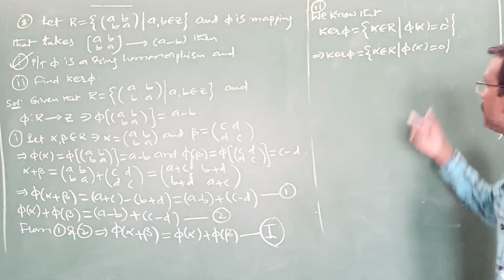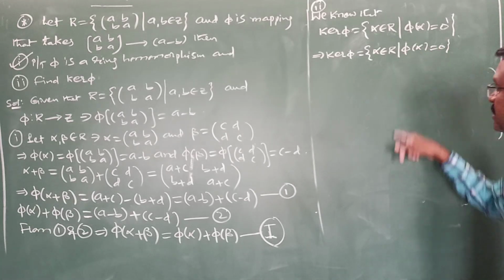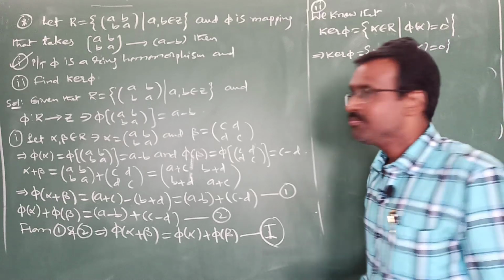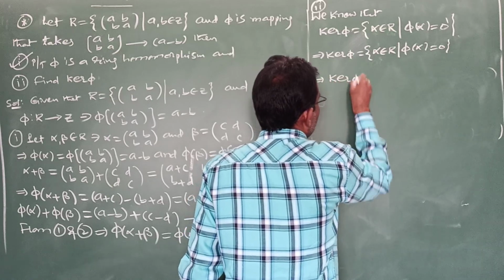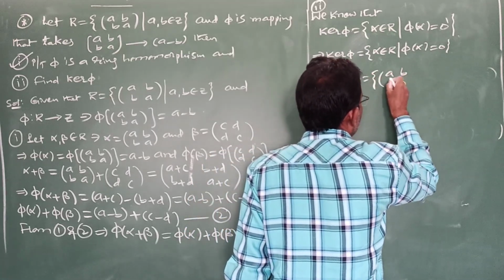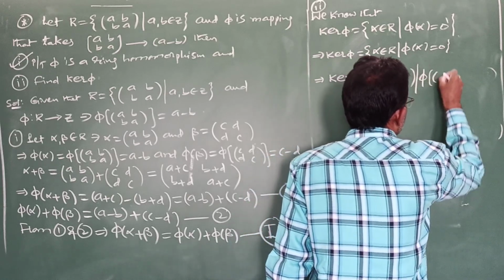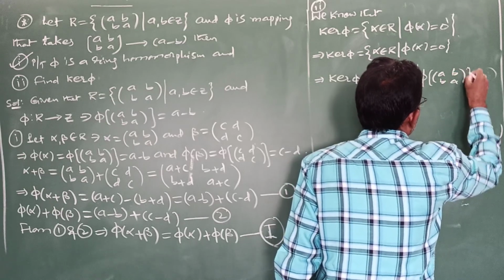Now in the next step, take this phi of alpha equal to 0 separately, define all alpha values, and then substituting here you get your required result. But what do we take in alpha? It is all 2 by 2 matrices of the form [A B; B A] such that phi of matrix [A B; B A] is equal to 0.